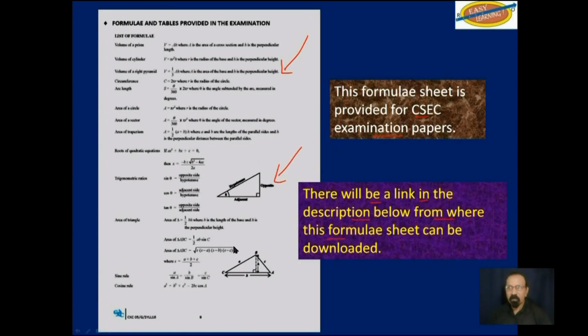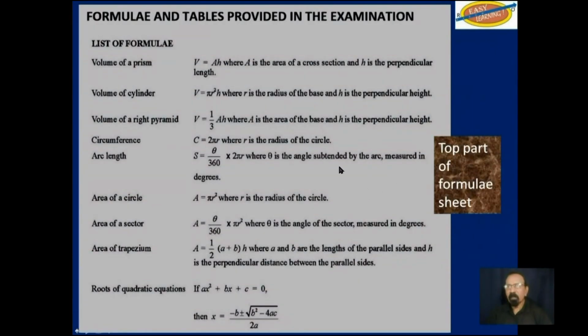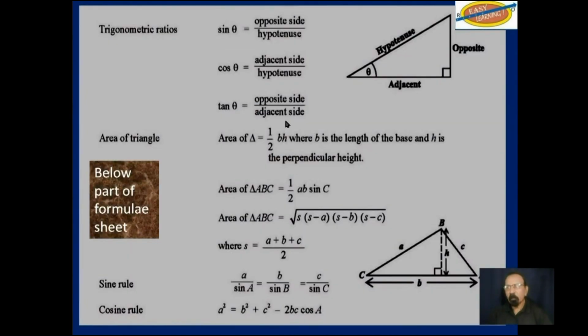But if you have the syllabus, it is there. Here is the top part of that same formula sheet, and then this is the bottom part. You have to look at these formulae and make sure you understand when and how to use them. You don't have to memorize these. There are one or two others that you will have to memorize.